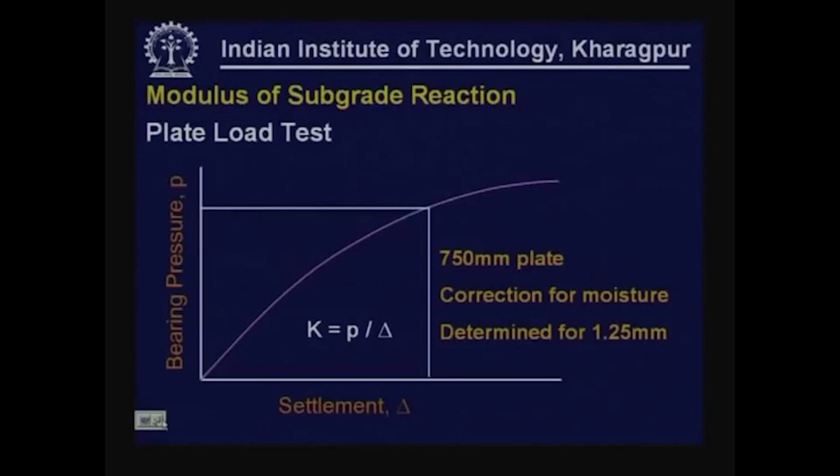Also, this test typically has to be conducted when the foundation is in its worst condition, which would naturally be soon after monsoon, when it is in a saturated condition, or in terms of moisture condition, in its worst condition. That is the worst condition the pavement can have, and that is what we have to simulate. So, we have to use a 750 millimeter dia plate, and conduct the test corresponding to the worst moisture condition.